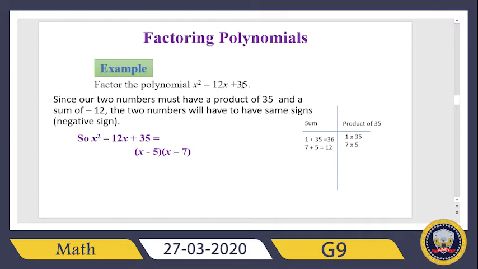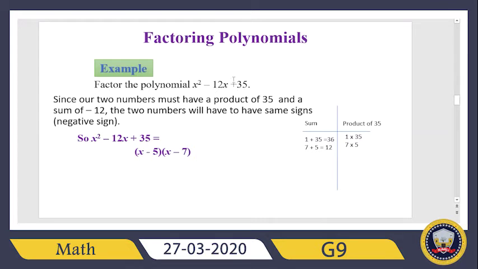In the first term of each bracket, I will write x and x: x in the first bracket and x in the second bracket. Then, as we said yesterday, I will skip the second term and go to the third term and check its sign. It is positive. Is the third term positive? Yes.